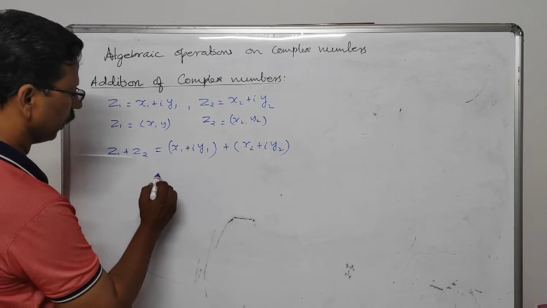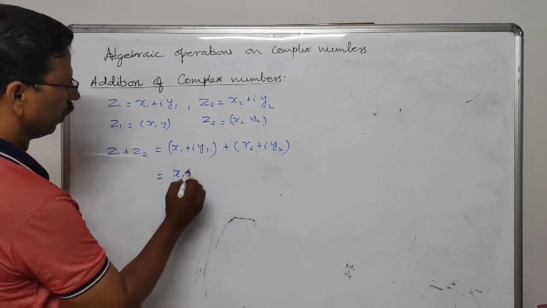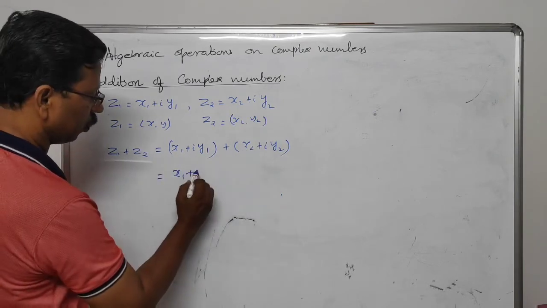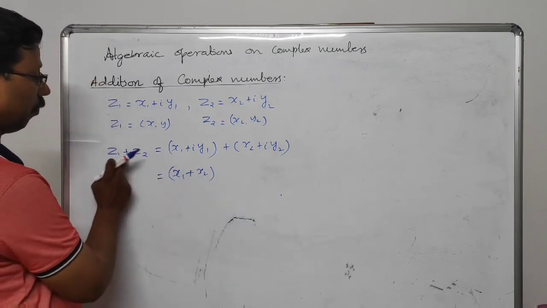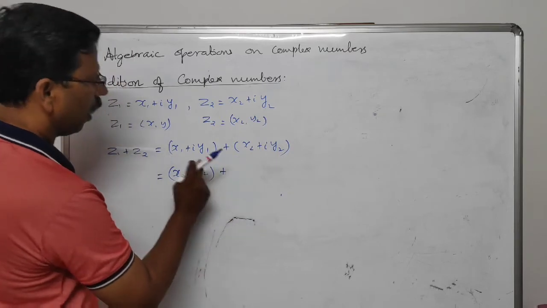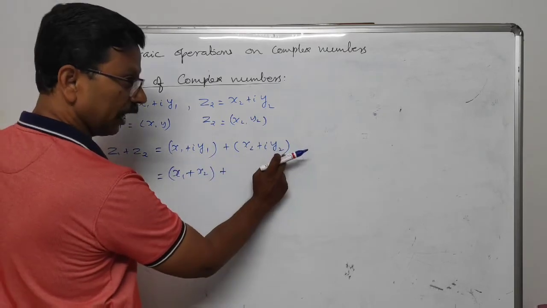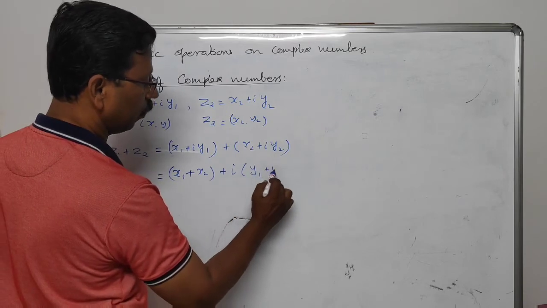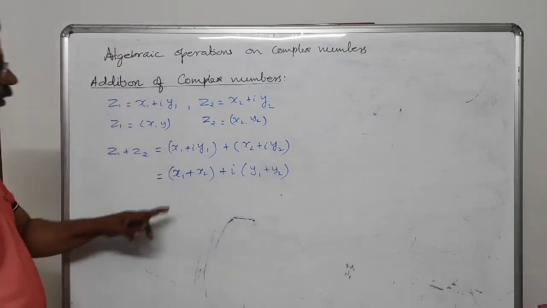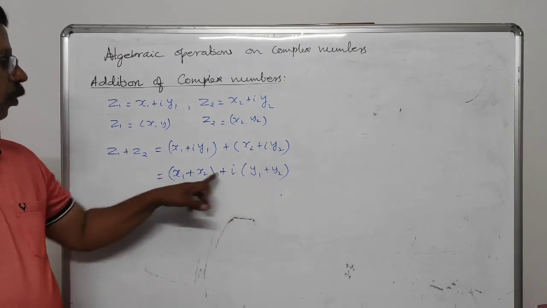Likewise, here you consider this is a real part x1, this is another real part. Therefore, these two can be added together to get the real part of the sum of these two. Then plus iy1 plus iy2. i can be taken commonly outside, then you get y1 plus y2. Now this is nothing but the sum of two complex numbers.